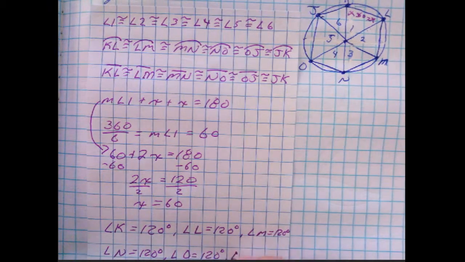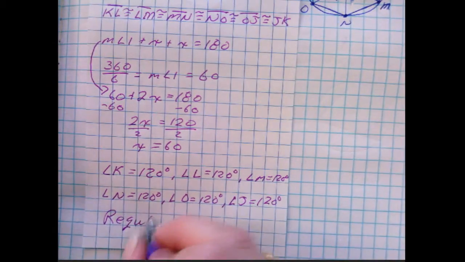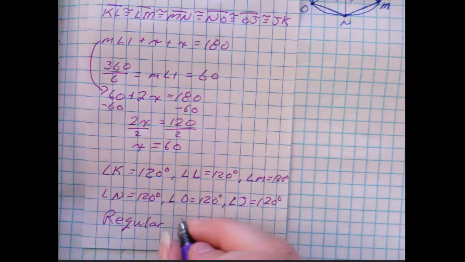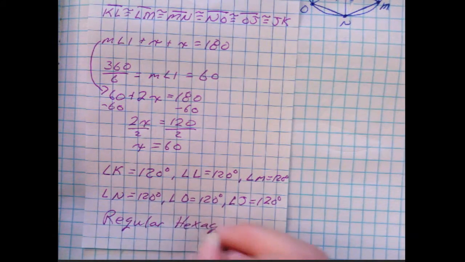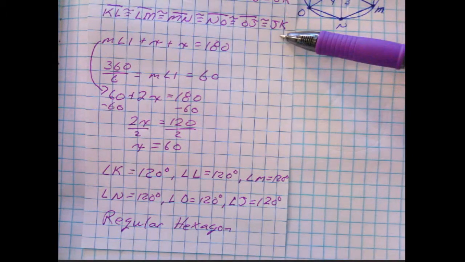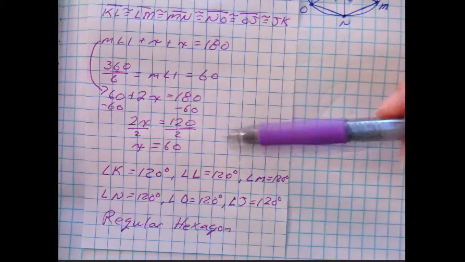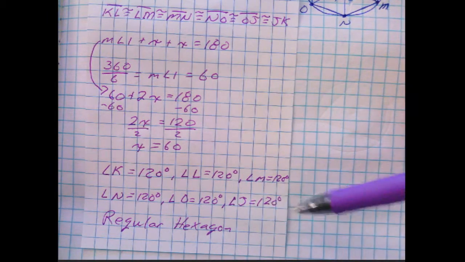And angle J is 120. So this is a regular hexagon. If you remember, a regular hexagon means all of your sides, and we found all of those chords are congruent, and all of the angles are congruent, and we just found down here all of the angles are congruent. So that is a regular hexagon.